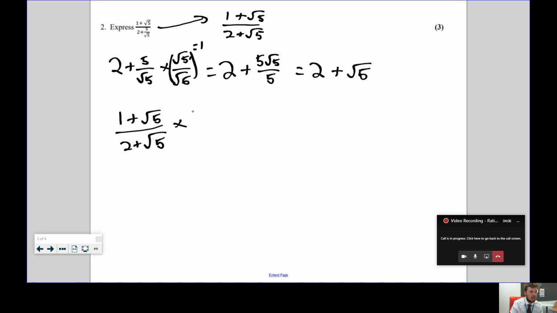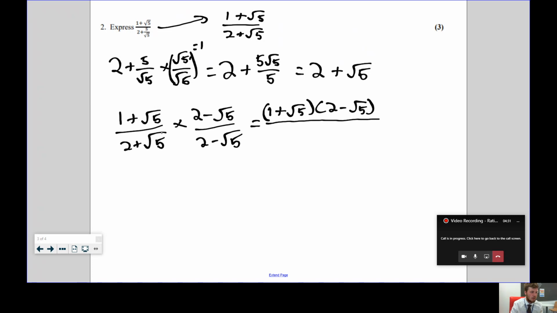And the way we looked at in class was to multiply by the conjugate, which is turning this denominator into a difference of 2 squares. I'm not going to worry about the top for now. I'm just going to put 1 plus root 5 in a bracket with 2 minus root 5. I'm just going to think about the denominator.